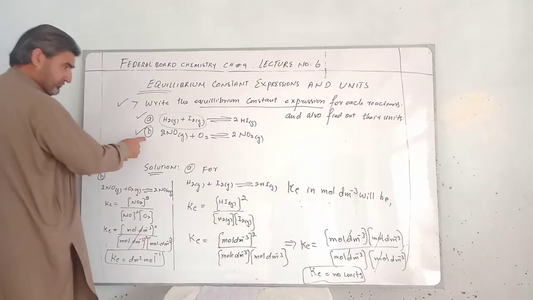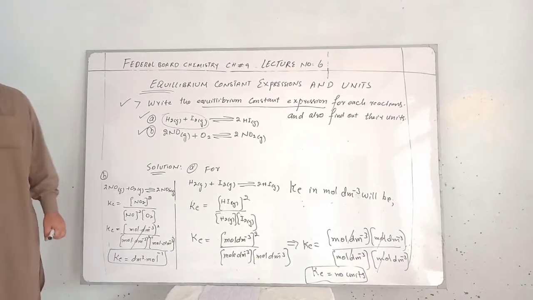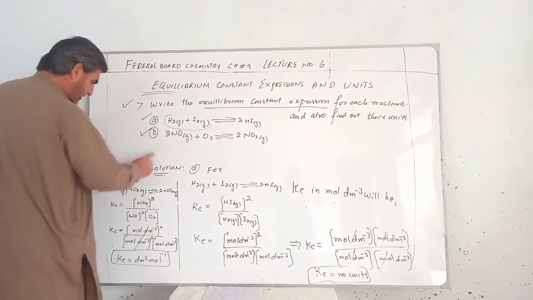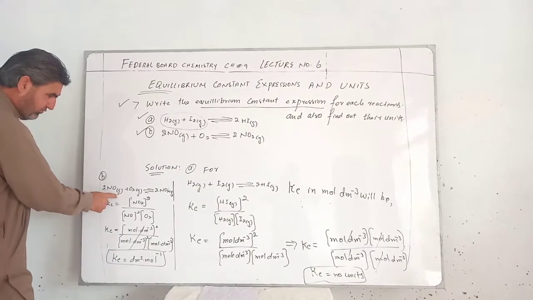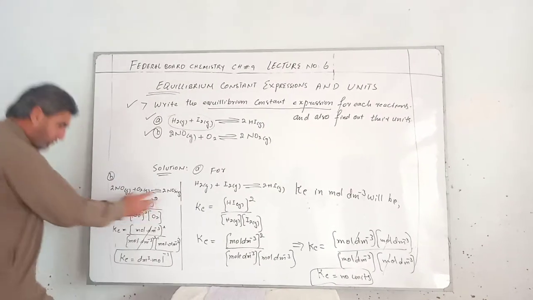Coming to reaction number B, which is 2NO plus O2, which gives 2NO2.